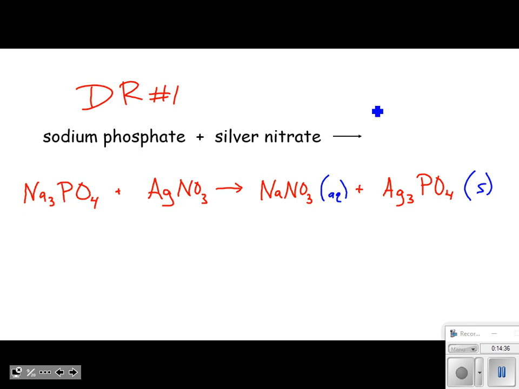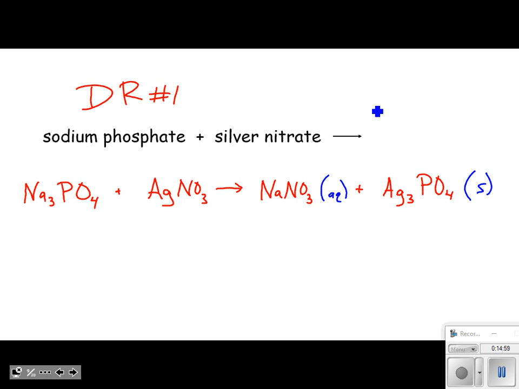So I obey step C, because step C says if both are aqueous, it's no reaction. Step D says that at least one reactant must be soluble. Well, I do have that. So I've got my AQ, I've got my S in there for step E.